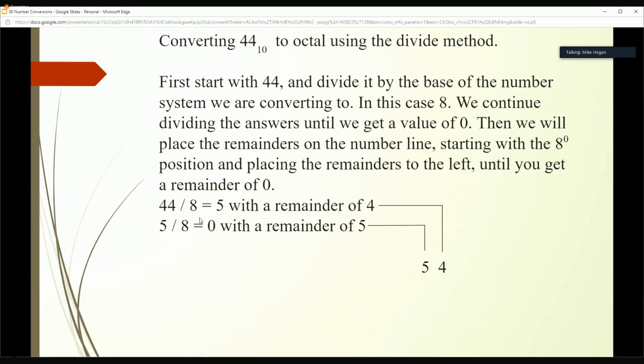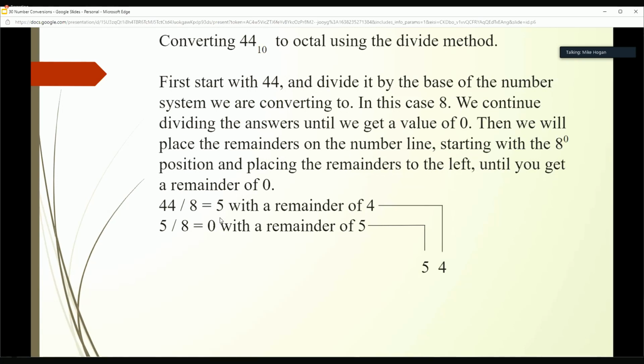I think they just want to show you this, so don't get caught up on this binary or even this octal. They just want you to see it. We could take that same 44 and convert it to octal by using the same process.